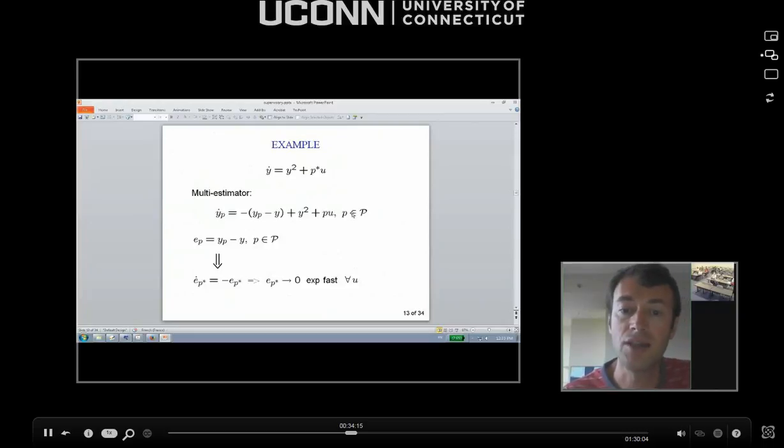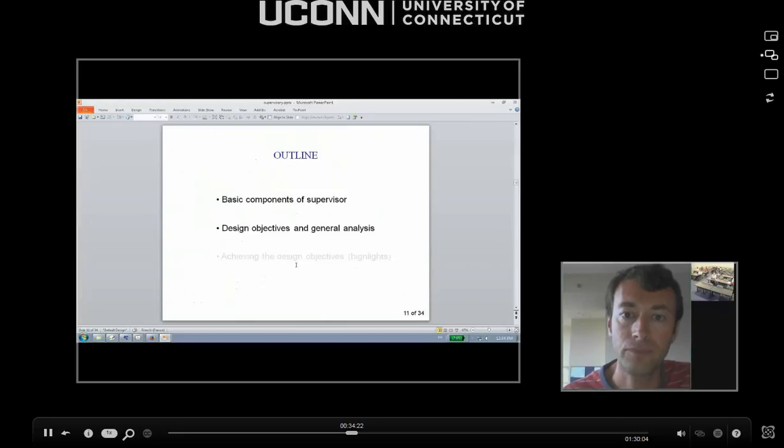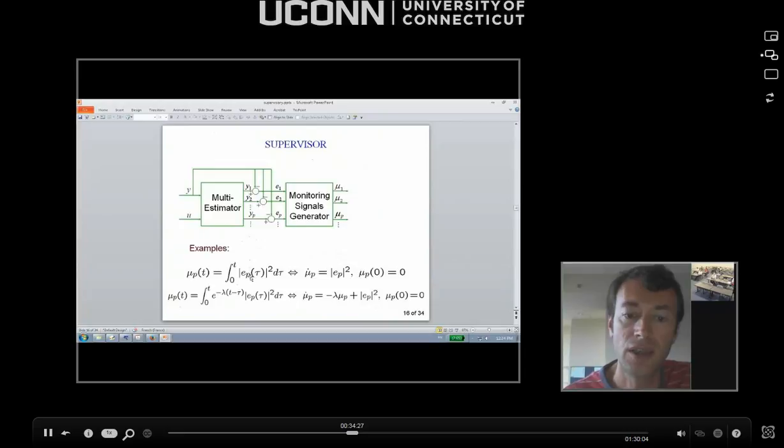The second building block is that I need to define my monitoring signals to be, for example, such that mu p dot is EP squared, or mu p are just the L2 norms of the estimation error. So this is one example where I can get this property, because if I integrate the square of an exponentially converging signal, I would get something that's bounded forward in time.